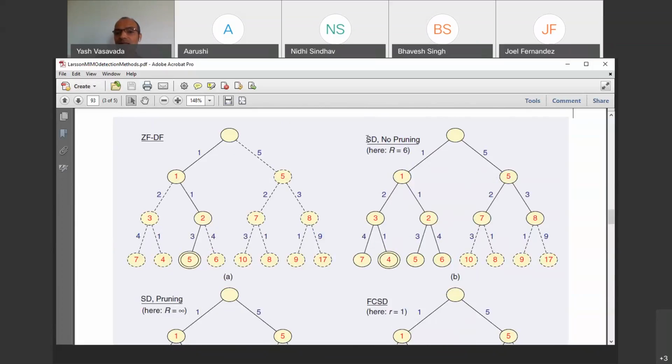The sphere decoding says that I'm not going to look at all of those leaf nodes because those are far too many. I'm going to just limit my search to the nodes which are at radius of 6 and less.